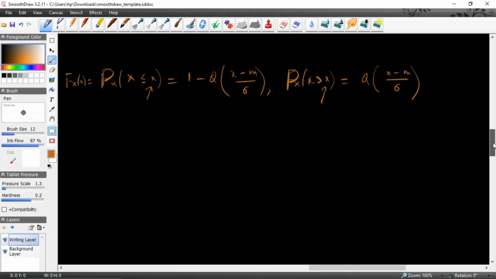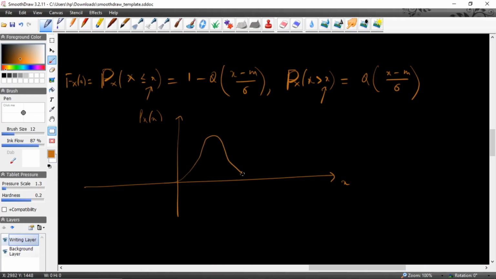Okay, if I want to find the width of this Gaussian PDF, suppose I have a Gaussian PDF, this is p_X(x), the PDF, with some mean m and variance sigma square. This is the mean value, and suppose this is sigma.